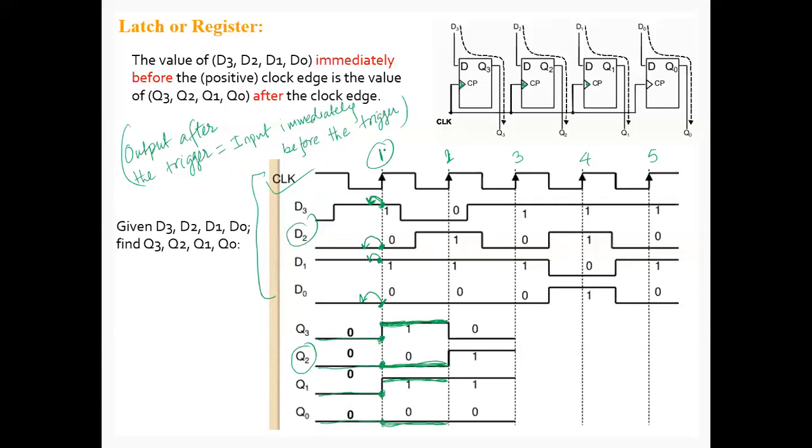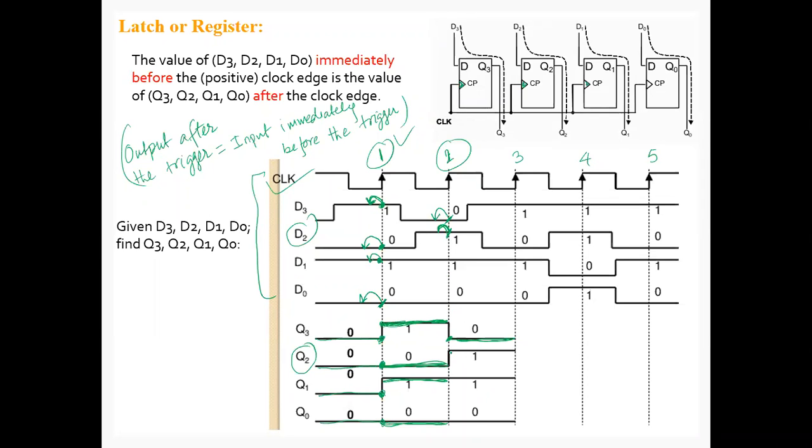Now this is done. Let's do number 2. Right before the trigger, your D3 is low. That's why right after the trigger, your Q3 is low. Right before the trigger, your D2 is high.